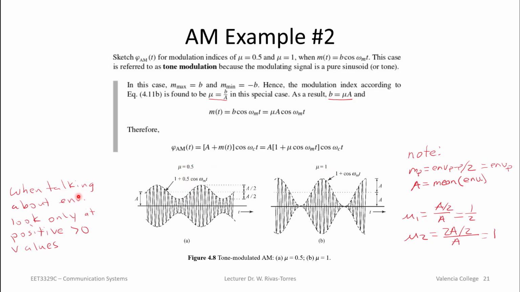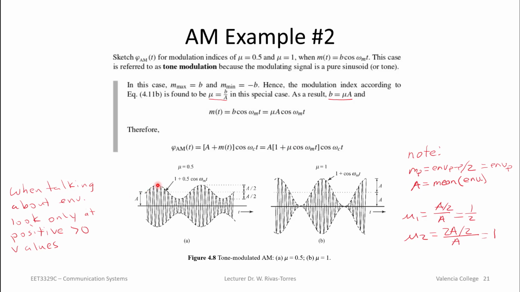So when talking about the envelope, look only at the positive side of the modulated signal, okay? So this is the correct modulated signal for mu equal 0.5, right? But if I just give you this equation and say 0.5, you know that this is 1 plus 0.5, that's what this value here should be.